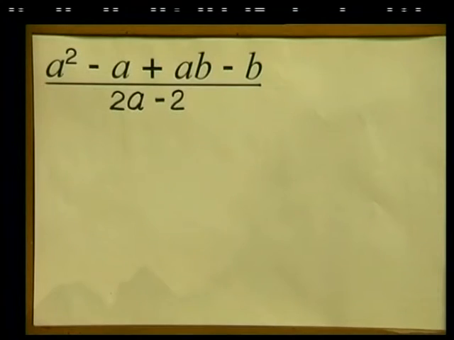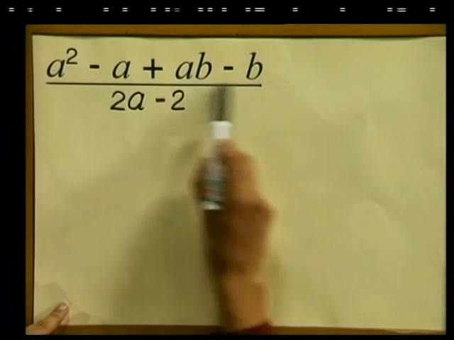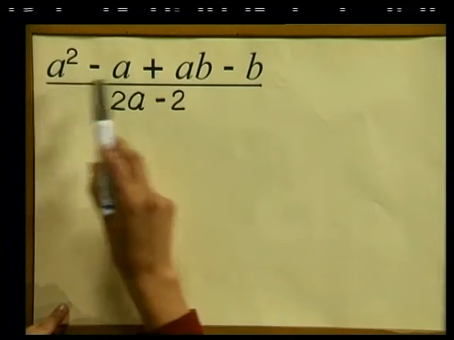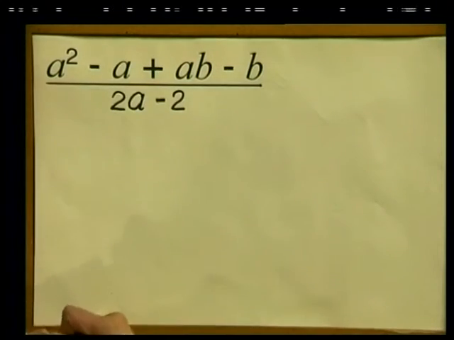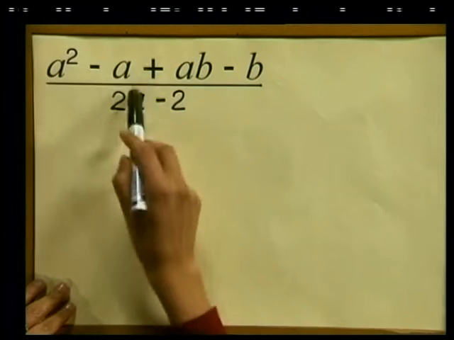Let's now apply what we've just learned. Simplify this fraction: a squared minus a plus ab minus b, all divided by 2a minus 2. Now from the example we have just done, we can see that we can factorize our numerator. Notice we have our 4 terms, and what we did last time was we grouped them.